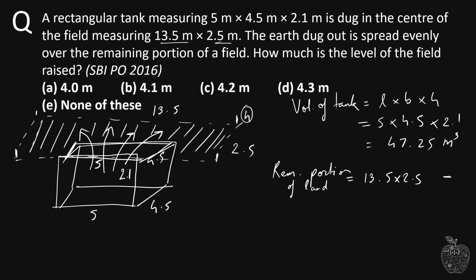So the remaining area is 13.5 into 2.5 minus 5 into 4.5. Solving this, 13.5 into 2.5 gives 33.75, minus 5 into 4.5 which is 22.5, and the final answer is 11.25 meter square.